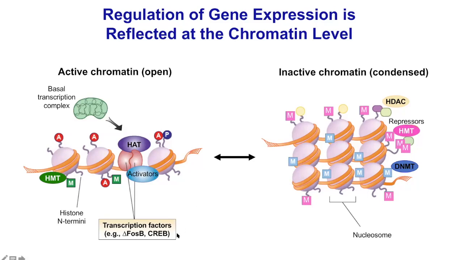The idea that we put forward in the area of addiction is that drug-regulated transcription factors like DeltaFosB and CREB, many others, would bind to regions of DNA where their specific response elements are relatively exposed and mediate some of these transitions to more open or more closed chromatin.